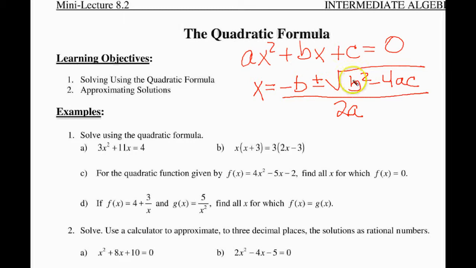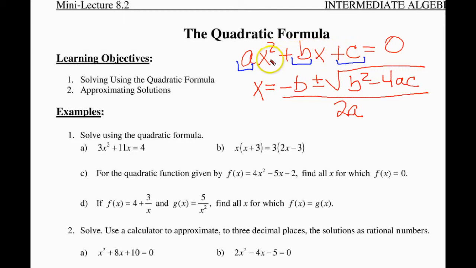And you might say, what are these letters for? Well, these letters are the a value, which is the coefficient of x squared, the b value, which is the coefficient of x, and then whatever constant you have. This is your a, b, and c.